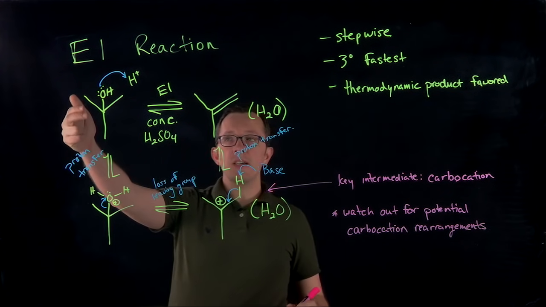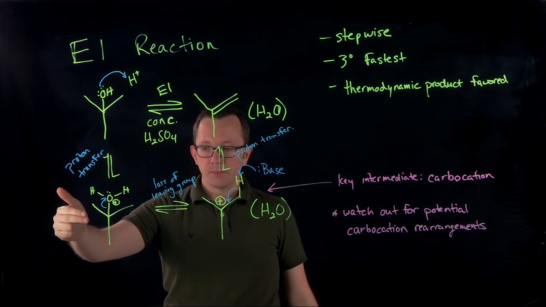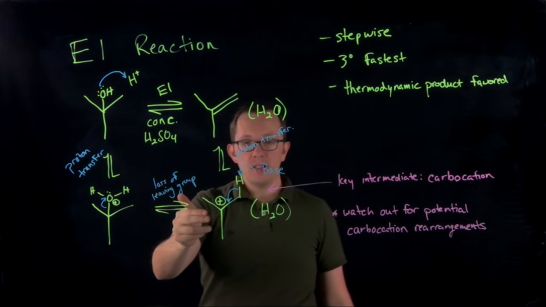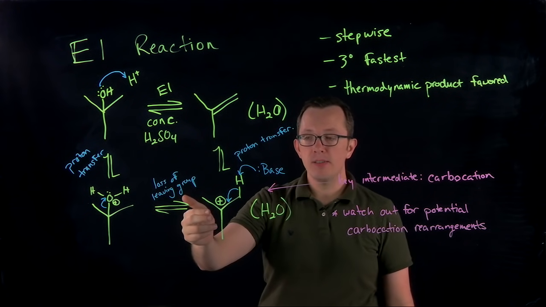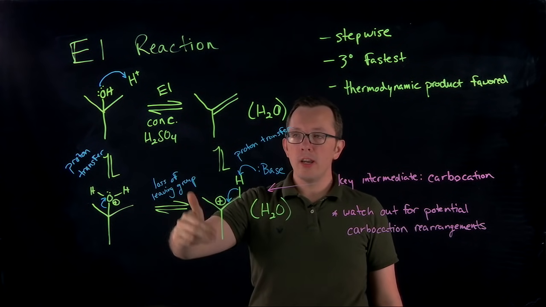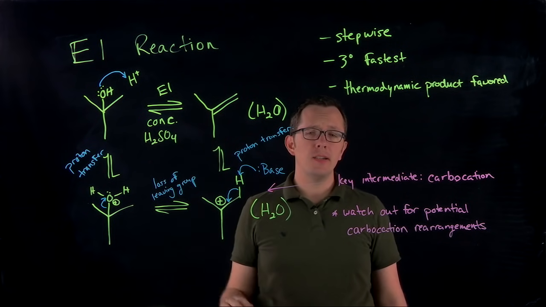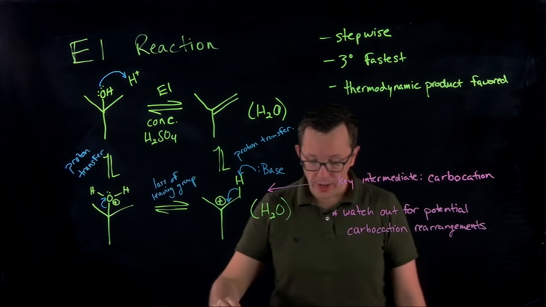So if you start with a secondary alcohol, you protonate it, you'd form ultimately a secondary carbocation. If it's possible to do a hydride shift or a methyl shift, you might ultimately form a tertiary carbocation, and you'll obtain a different product. So you do need to watch out for that.